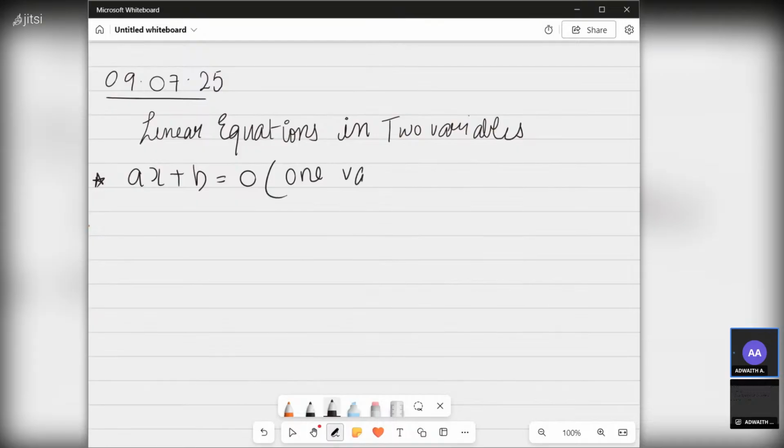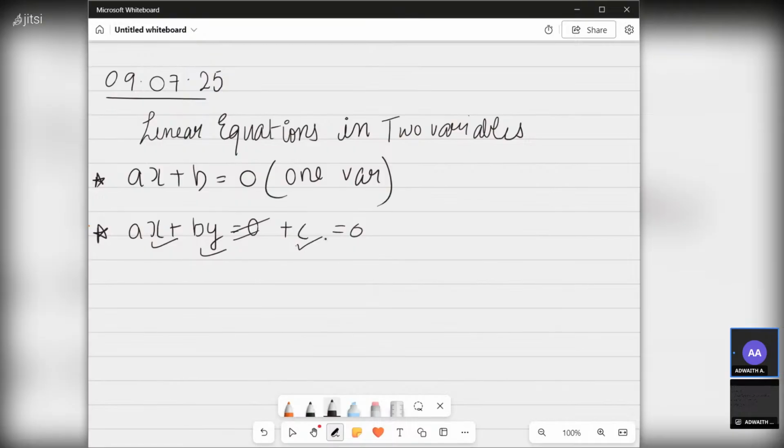But what we are going to learn in two variables is going to be like ax plus by plus c equal to 0. Here we have a variable, here we have a variable, so two variables, and here we have a constant. c is a constant.